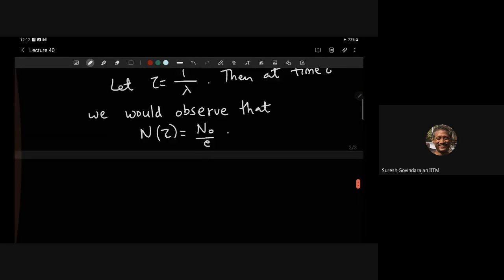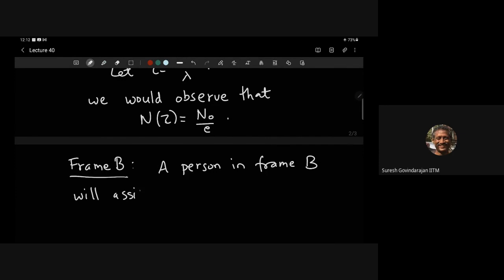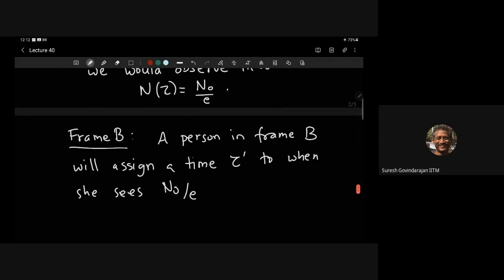Okay, so now the same process. A person in frame B will assign a time, tau prime, to when she sees N0 by e particles in the radioactive sample.